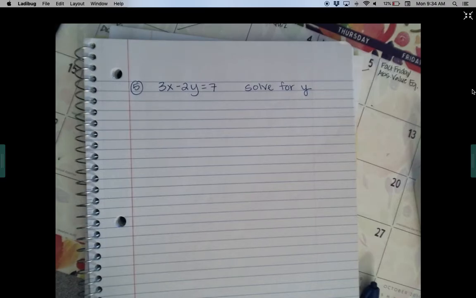Are you guys focused? Thanks. Yes, 3x minus 2y equals 7. Solve it for y, Carter. Are you solving it for y? What are you doing? Where's your stuff? So what have you been doing? Who knows? Who should I ask? Is it at home? Is it in the gutter? Is it in the trash? Where is it?